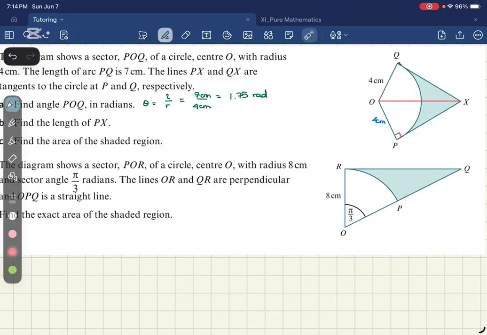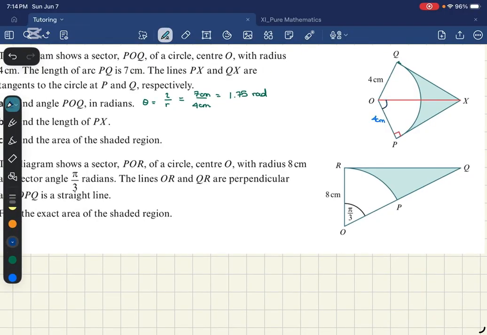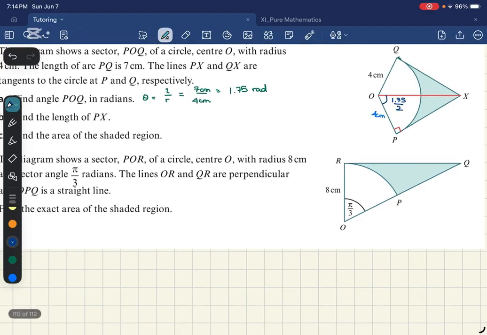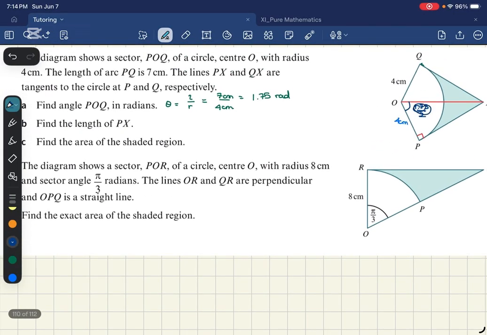So this middle line actually divides the angle exactly into two. So this is going to be half of the 1.75 angle that we found, because the total was 1.75. And 1.75 divided by 2 gives me 0.875. So that is the angle.